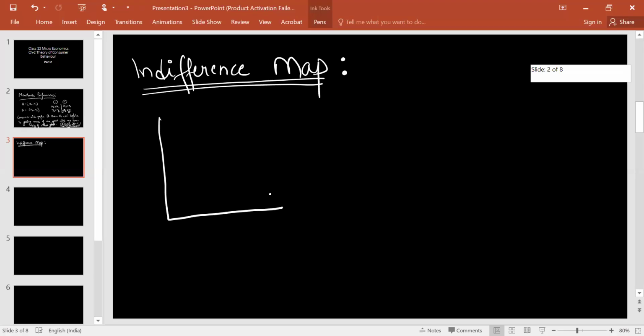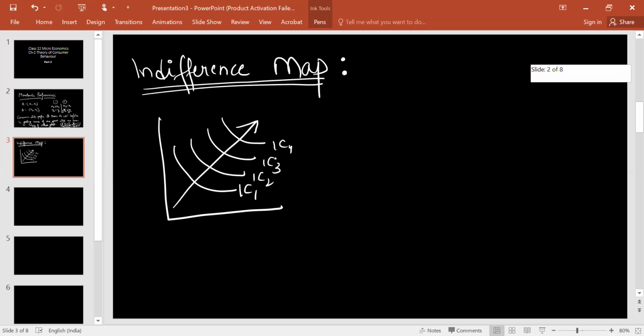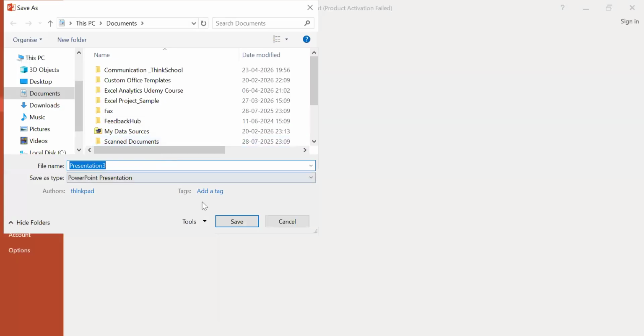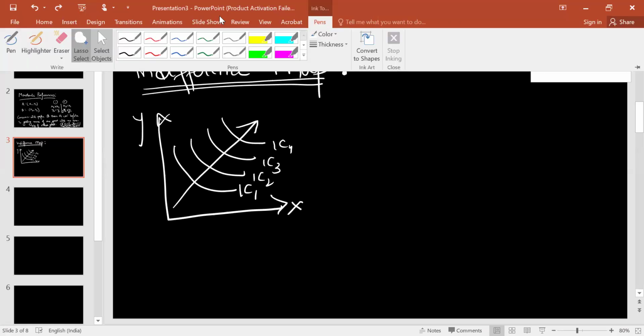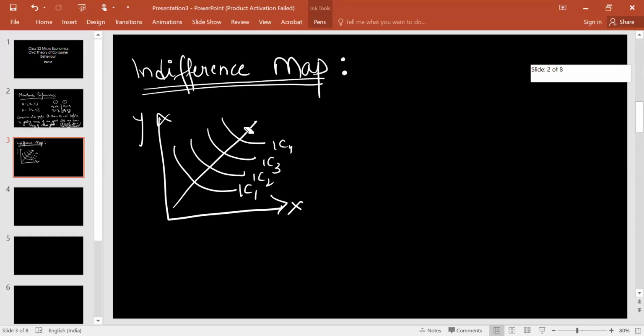The indifference map is basically this: this is IC1, this is IC2, this is IC3, this is IC4, and this is X unit commodity, this is Y. Now, I'll just change this to this PPT. I'll make these curves later on.